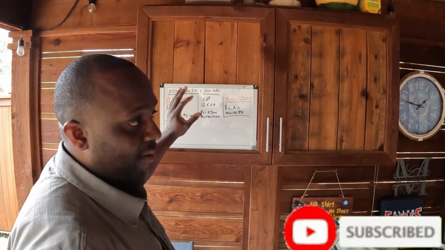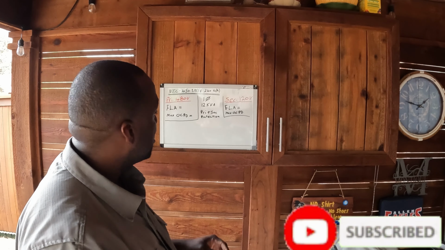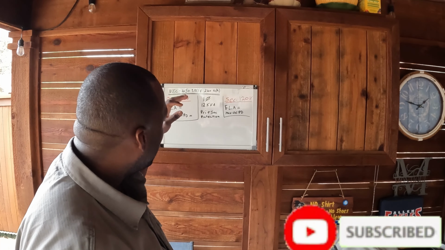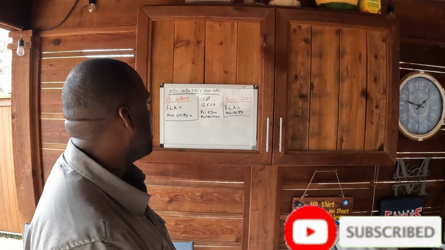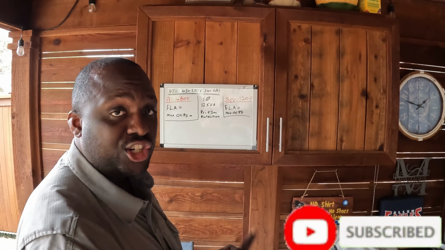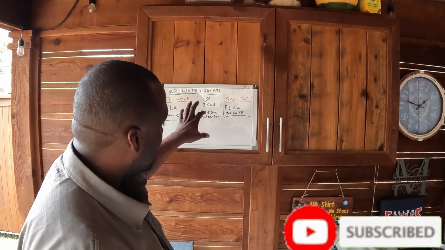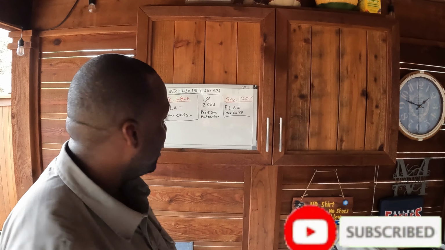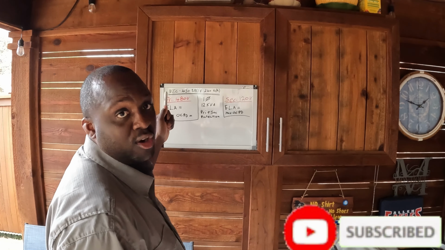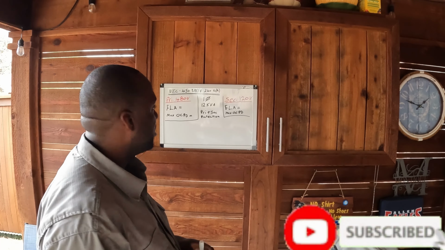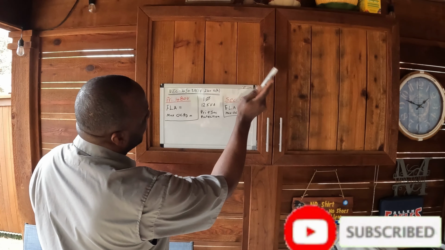Now, I wrote an example on the board right here, and we're gonna solve this together. This is how you're going to find the full load amps and the overcurrent protective device for any transformer, whether single phase or three phase. Right now I have a single phase problem on the board. On the primary side, which is gonna feed the transformer, obviously it's a step down transformer, we have 480, and on the secondary side we have 120.